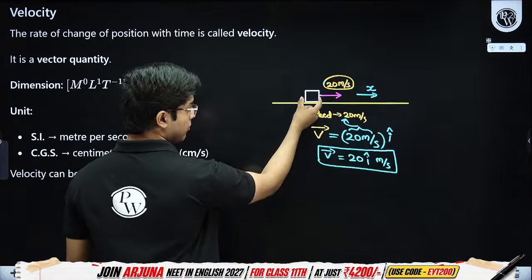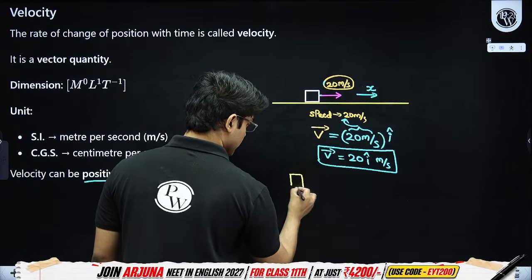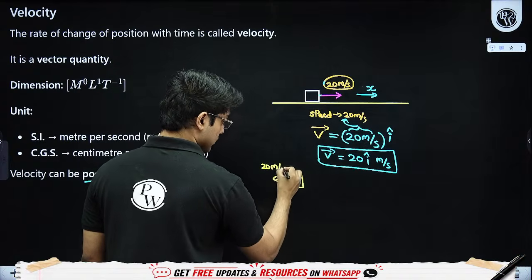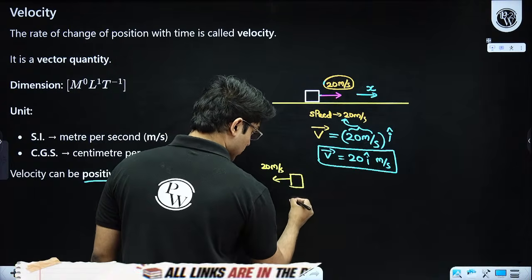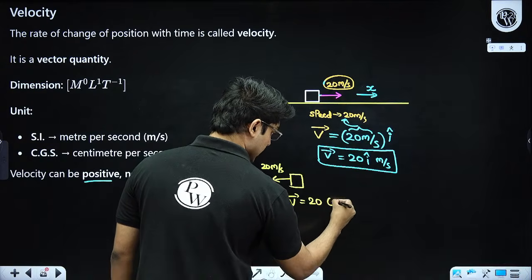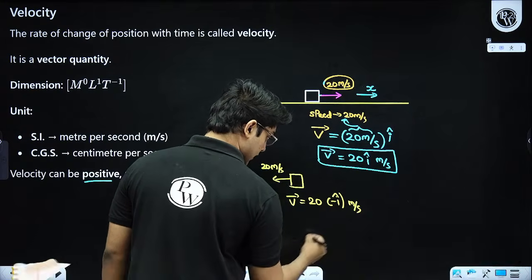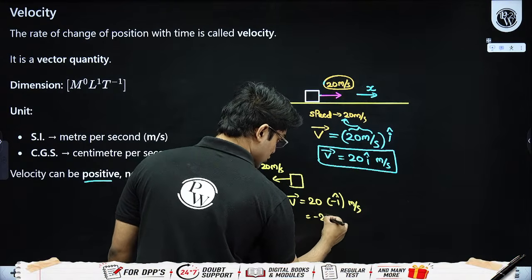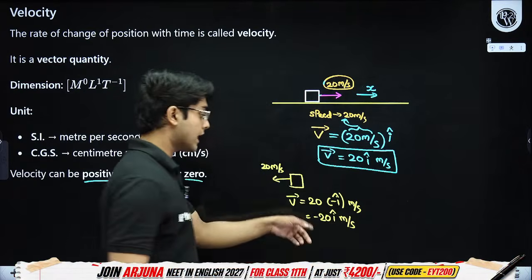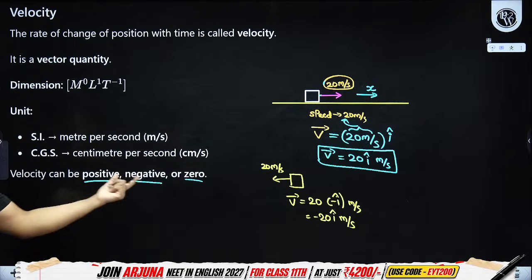Like if this same block was moving to the left with 20 meters per second, then the new velocity vector will be 20 in the minus i cap direction, which is minus 20 i cap. So this is a negative vector, I mean, there is a negative sign there. So the velocity vector can be negative as well.